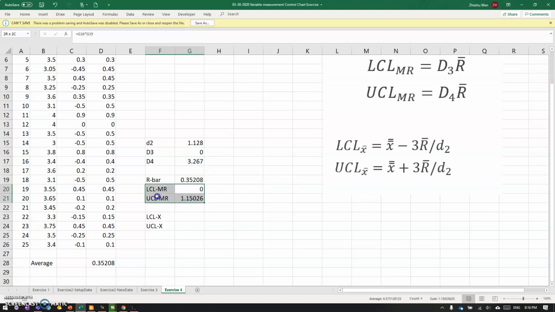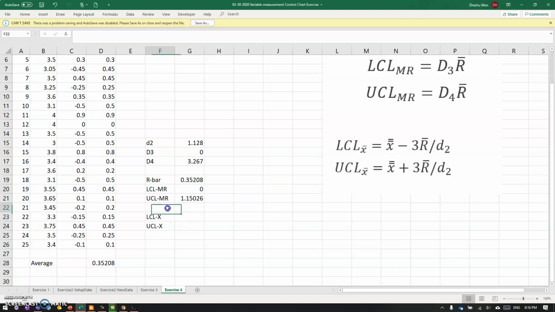So this is our range. As long as the process doesn't show any greater jump than 1.15, we assume that our process variability is within control. With that in control, let's take a look at the X bar.